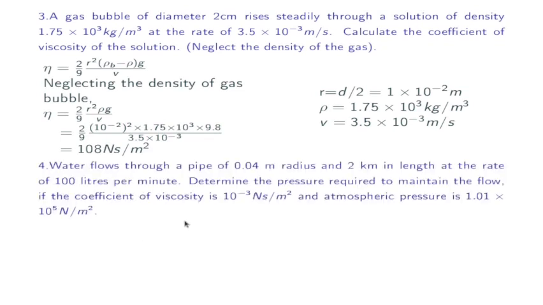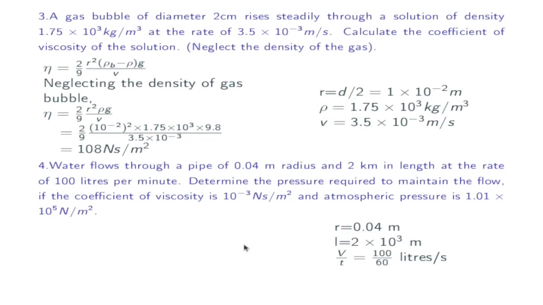In this problem, water flows through a pipe of 0.04 meter radius and 2 kilometer in length at the rate of 100 liter per minute. So V by T is 100 per 60 liters per second.